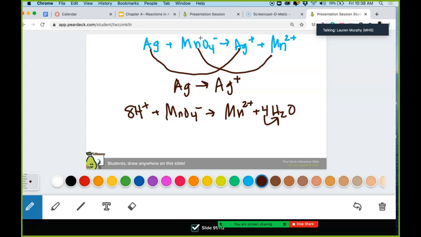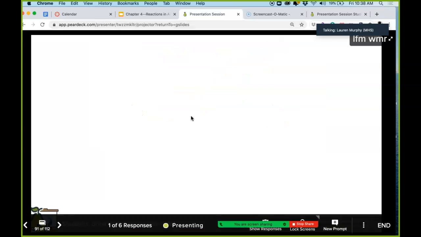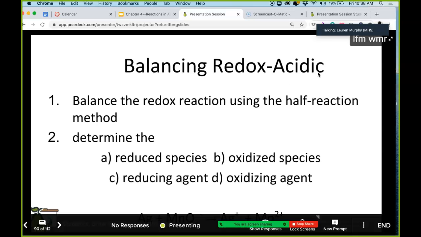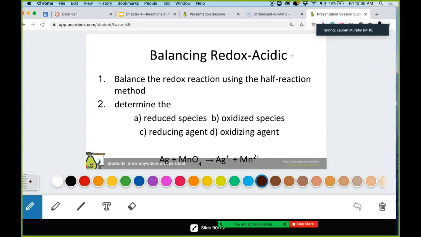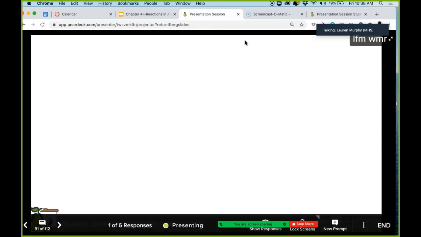And you go, well, why can I do that? Well, if you look back at this slide, it says this is being done in an acidic environment, meaning there's hydrogen ions floating around in there. That's what it means to be acidic. H plus ions are what makes something acidic. So that's why I'm allowed to just add hydrogen ions to the other side.